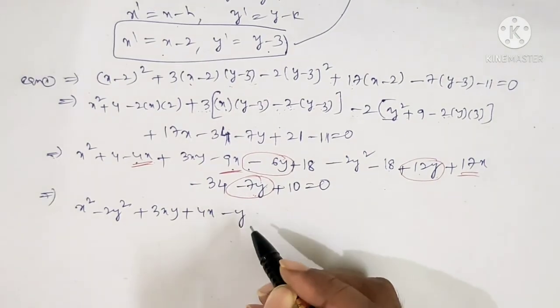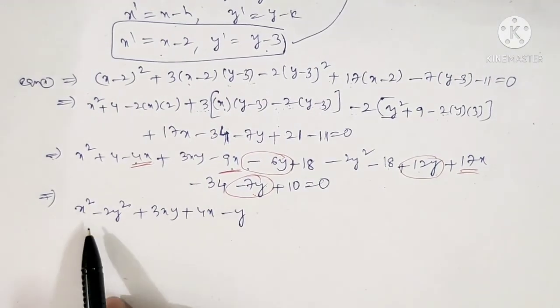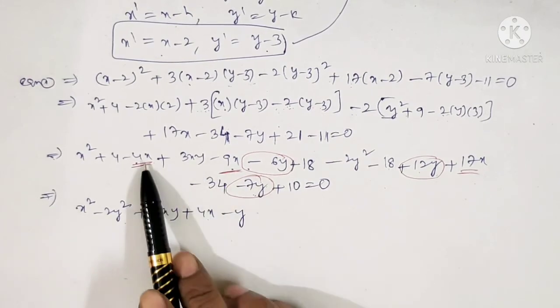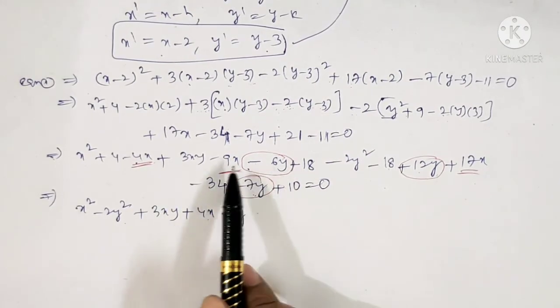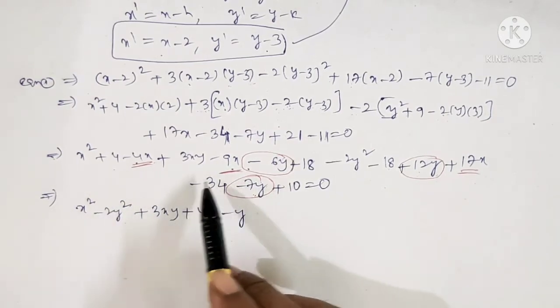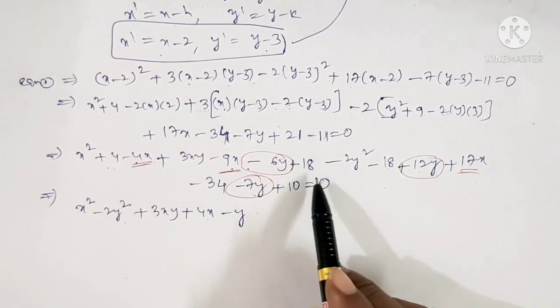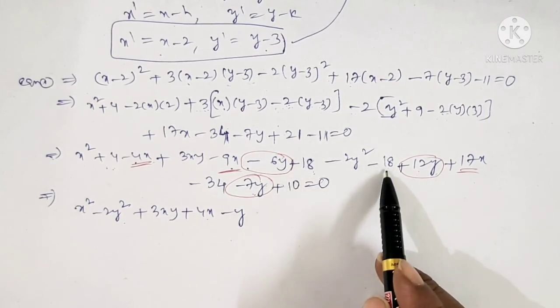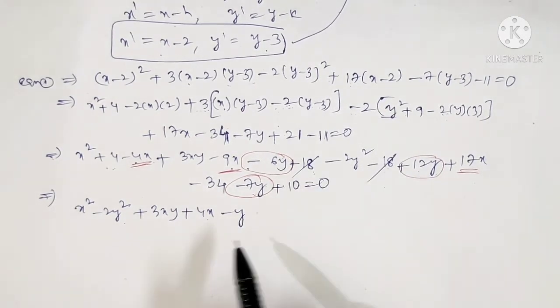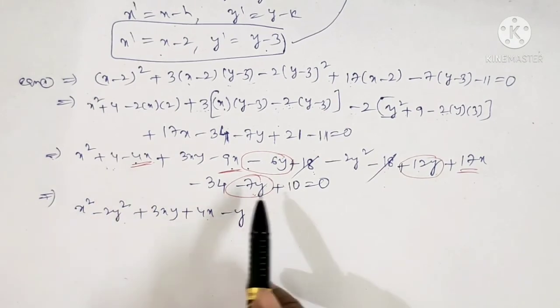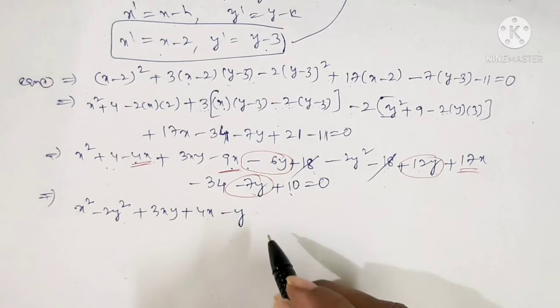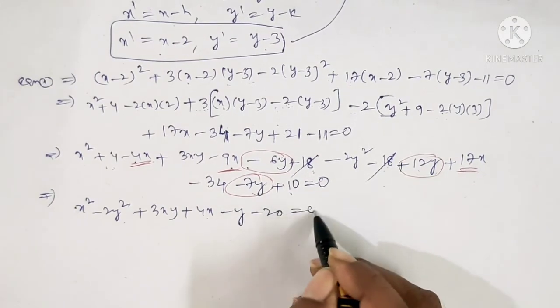We have completed x square terms, y square terms, x terms, y terms. Next, any constant terms here? The remaining terms are constants. 4 plus 18, plus 18 minus 18 cancel, so plus 4 plus 14 minus 34 gives us minus 20 is equal to 0.